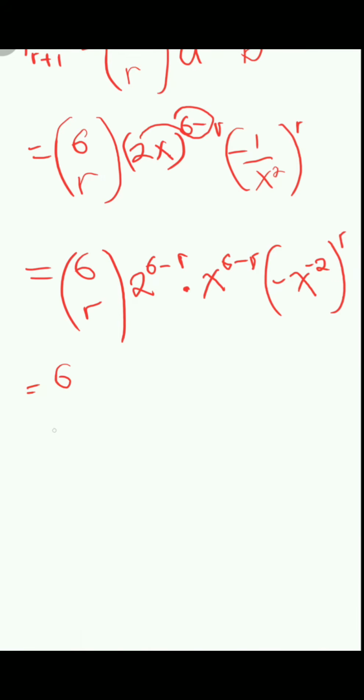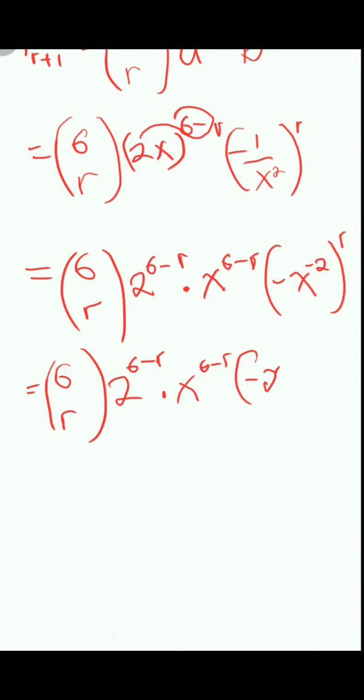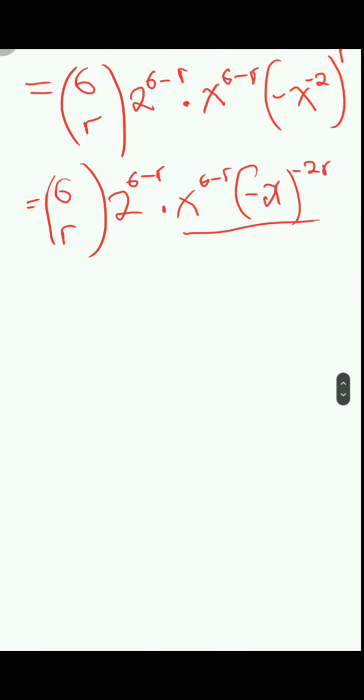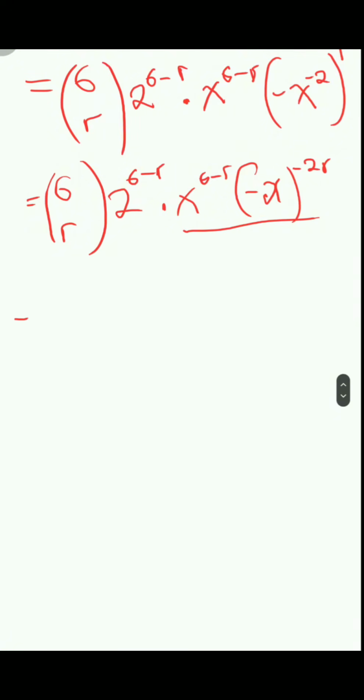Now this would be 6 choose r multiplied with 2 raised to the power 6 minus r times x raised to the power 6 minus r multiplied by negative x raised to the power negative 2, then we have r, like that. Now these two are the same in terms of the bases, so we are going to add the exponents. We write the other parts the way they are.